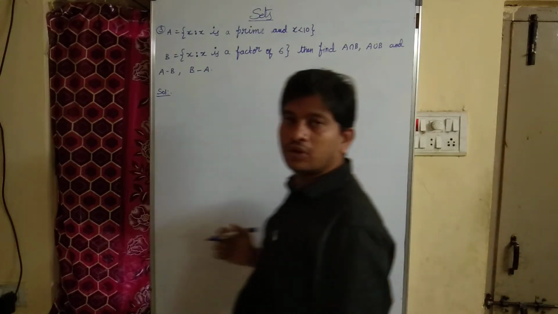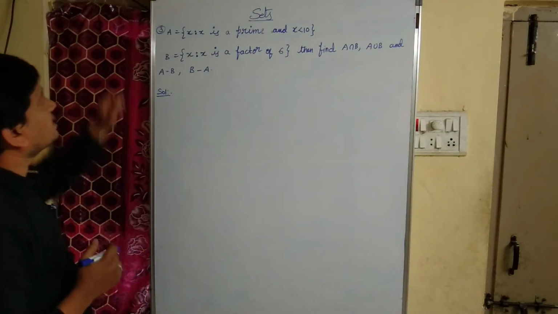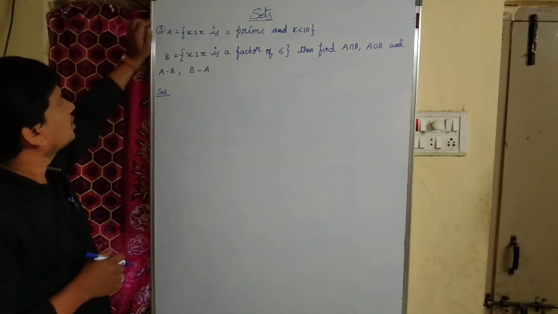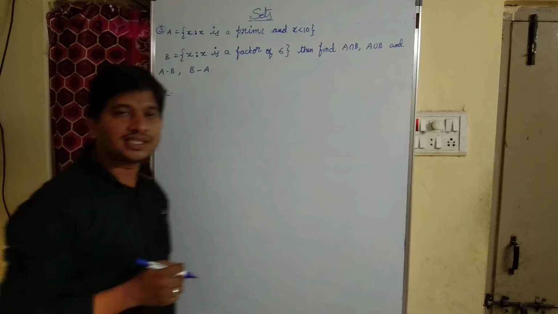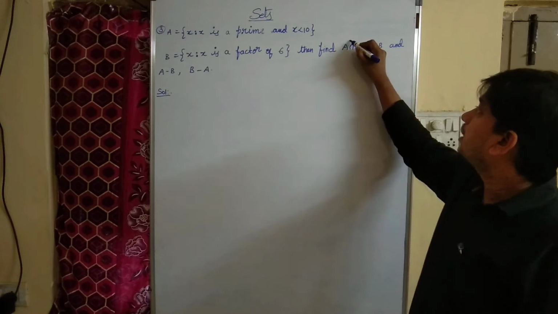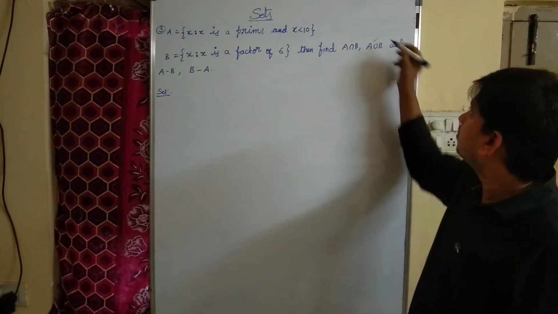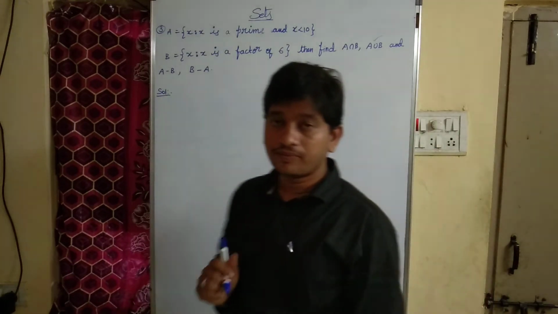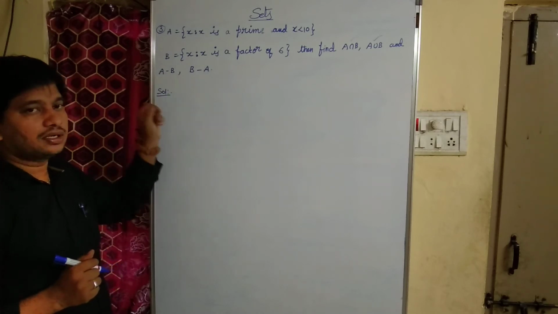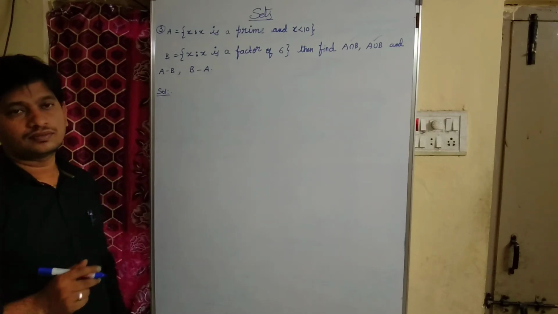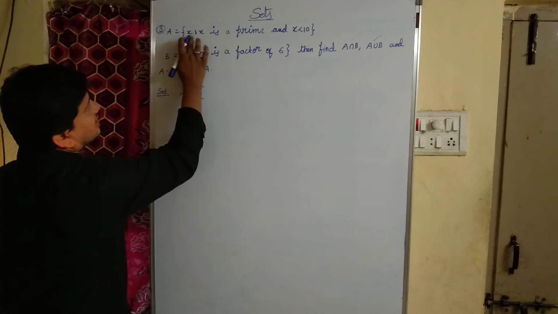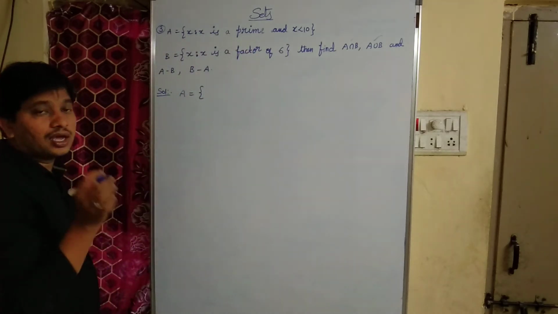Now coming to the fourth question. A is x such that x is a prime and x less than 10, and given set B equal to x such that x is a factor of 6. Then find A intersection B, A union B, A minus B and B minus A. I mean the difference between set A and set B, and the difference between set B and set A. Okay, they have given set A as x such that x is a prime and x less than 10.